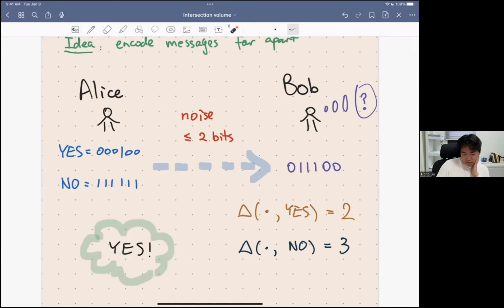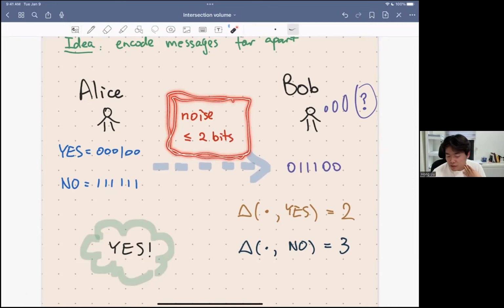Alice and Bob want to communicate. Bob asks Alice a question, and Alice wants to answer yes or no. We want to use a binary string to indicate yes and no. But suppose during the transmission, we know that because of the noise, up to 2 bits will get flipped.